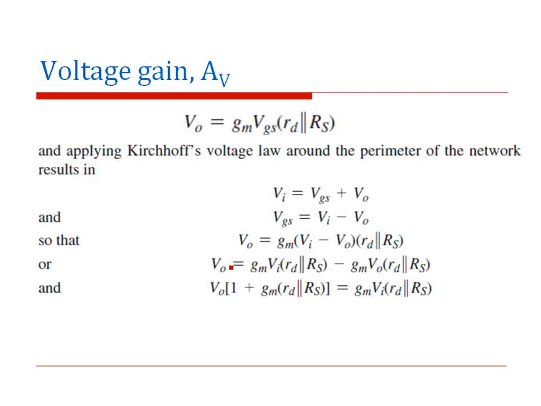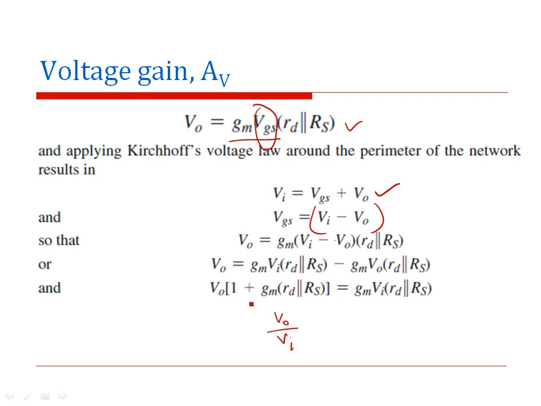So across the perimeter, you get Vi equal to VGS plus V naught, and the expression for VGS is Vi minus V naught. Now if you substitute for VGS in this expression, V naught is equal to Gm into Vi minus V naught into RD parallel to RS. You rearrange this expression and find a relation between V naught and Vi.